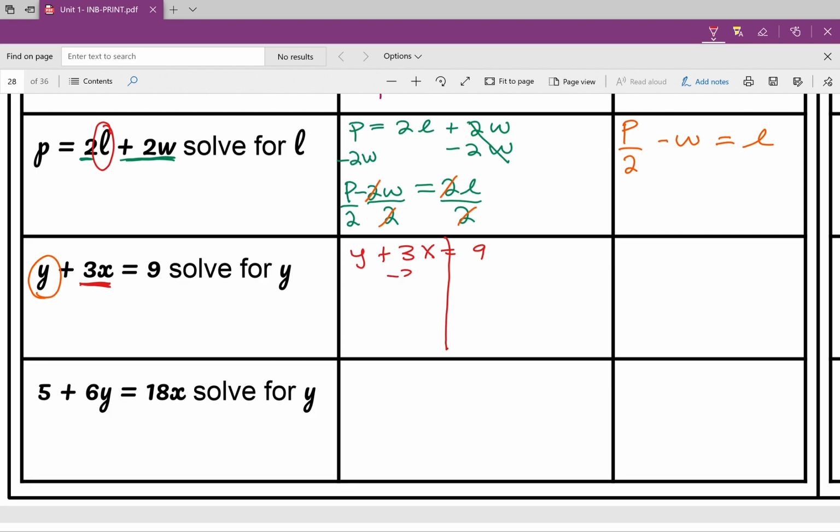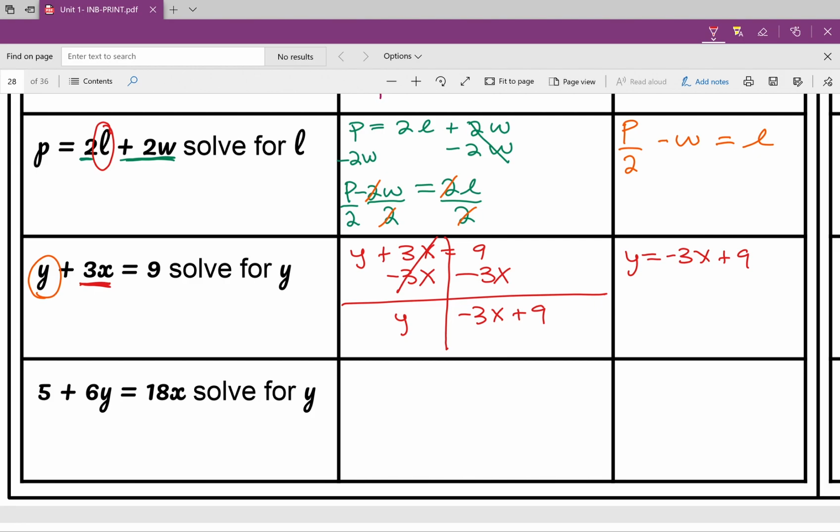I need to get rid of the 3x, so that cancels. So I am left with y on this side and I'm left with negative 3x plus 9 on this side. Notice that my negative 3 has an x, but my 9 doesn't, so I cannot combine like terms. So my answer is just y equals negative 3x plus 9.